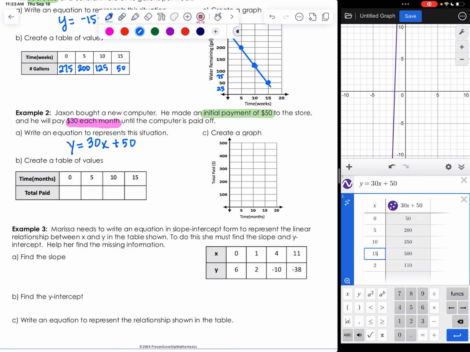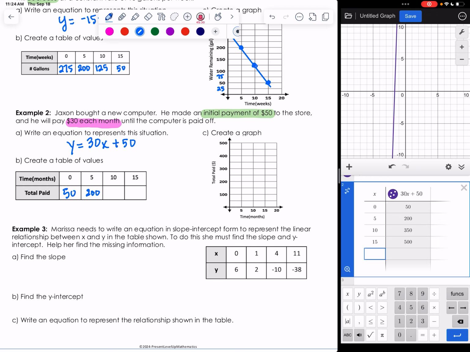And I'll just delete those values. Okay, so in 0 months, Jackson had paid $50. After 5 months, he had paid $200. After 10 months, $350, and after 15 months, $500.